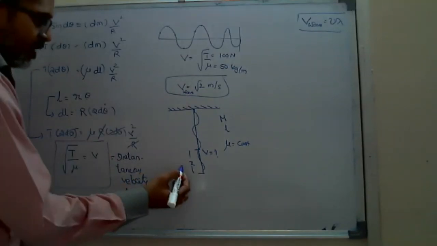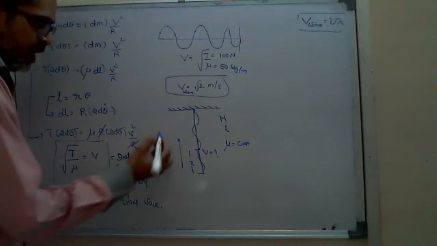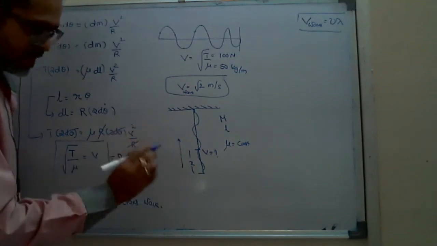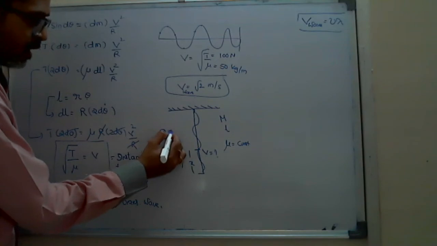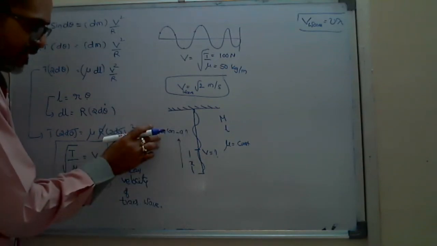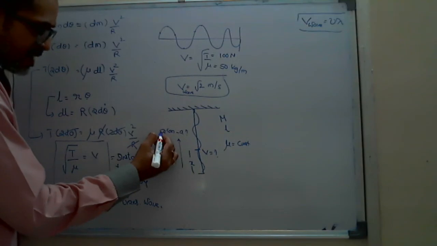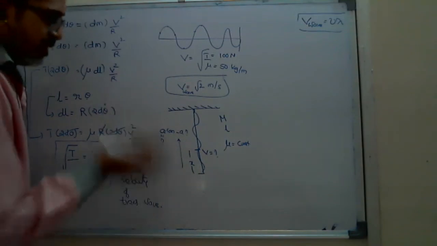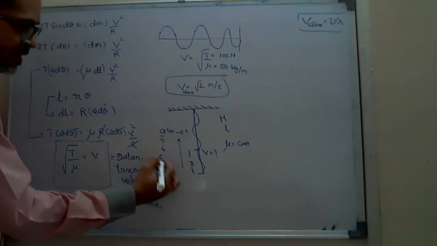While going up, it moves with acceleration or deceleration, a or minus a. If it is accelerating, what will be that acceleration? Is a equal to how much? And is that acceleration constant or variable?